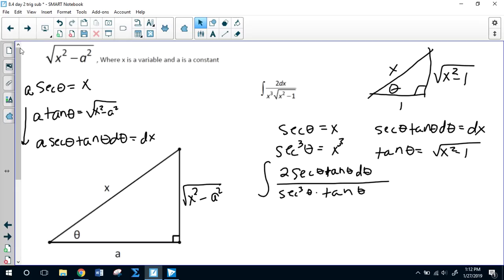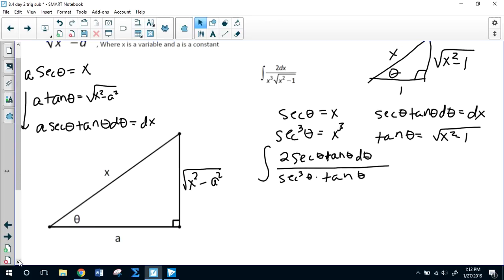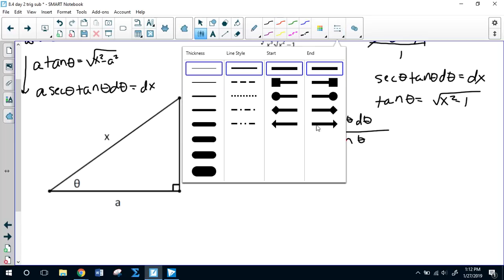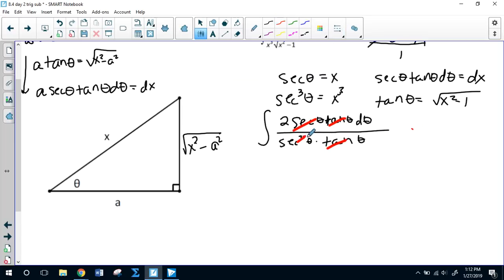I want to just go a little bit farther if I can. Okay. So tangent theta cancels. The secant cancels with that secant, and we end up with secant squared in the denominator, but secant squared is the same as cosine squared in the numerator, so it becomes this.